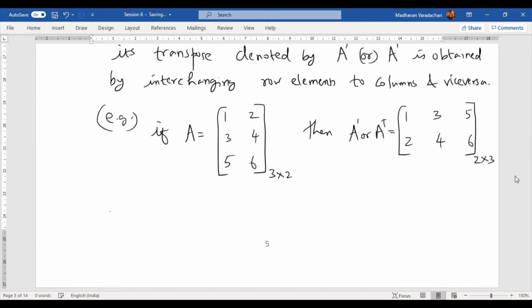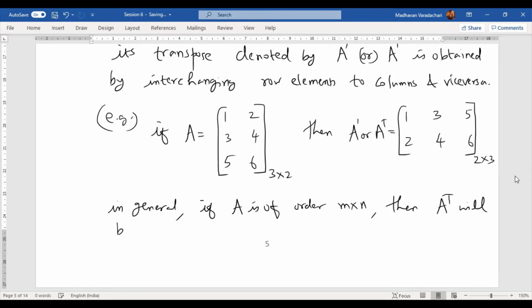In general, if A is of order m by n, then A transpose will be of order n by m.